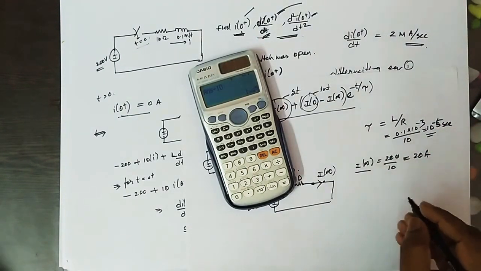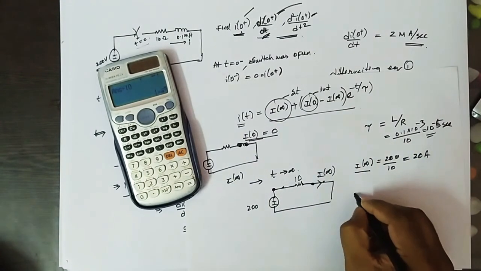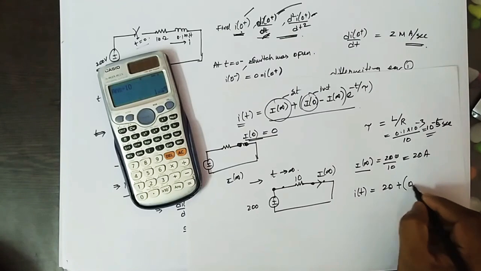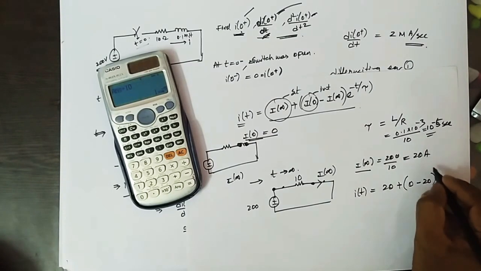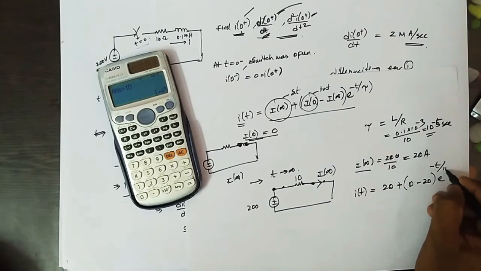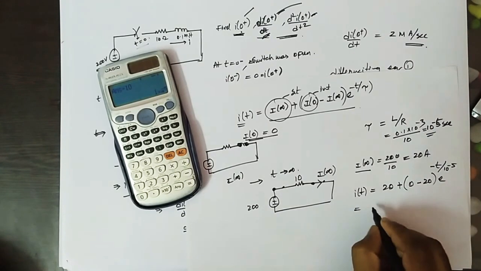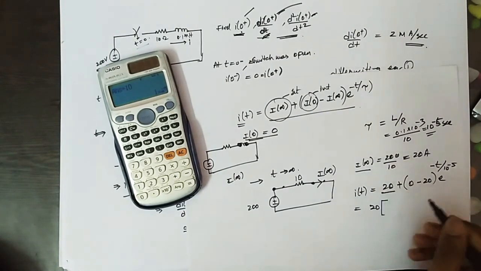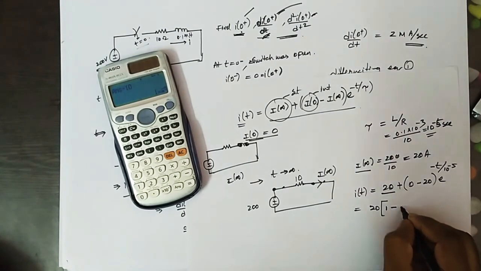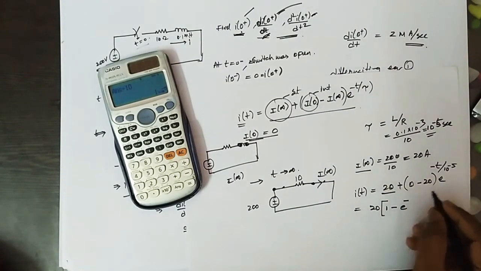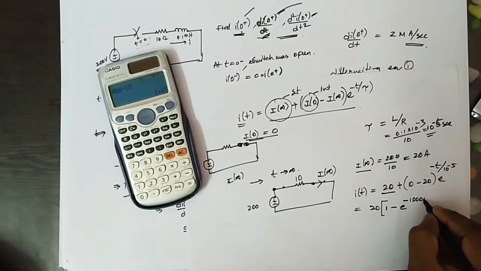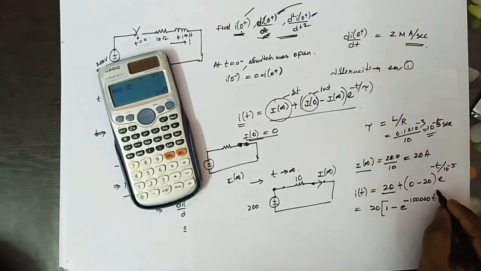So the expression we get is i of t equals i of infinity 20 plus i of 0 which is 0 minus 20, times e power minus t by 10 power minus 5. So 20 will be common: 20 times 1 minus e power minus 10 power 5 t amps.